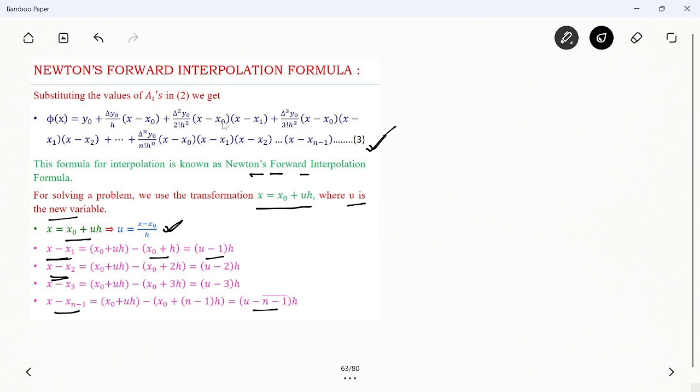Now we put all these values here. Then what are we getting?